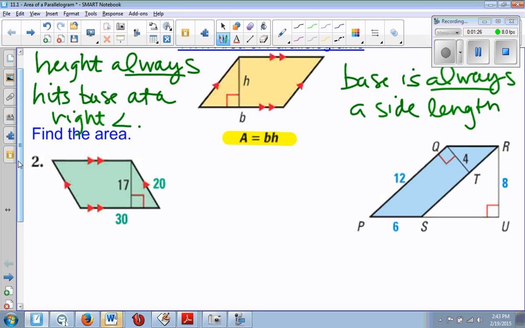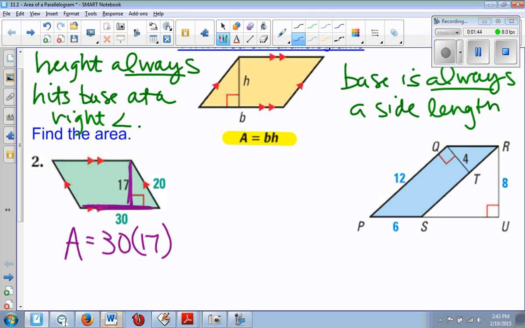Finding the area of these first two parallelograms is pretty easy. The first thing we identify is what the base is. In this case, it's 30. And then the length that hits that base at a right angle is 17. To find the area, all I'm going to do is base times height.